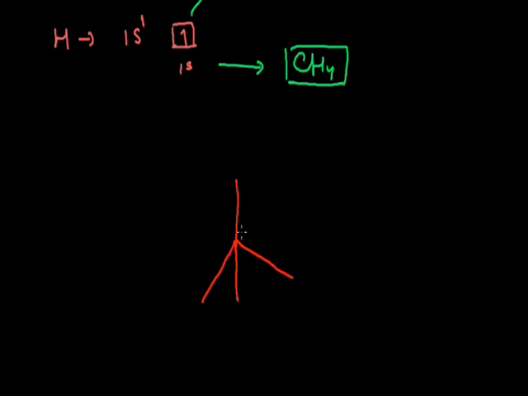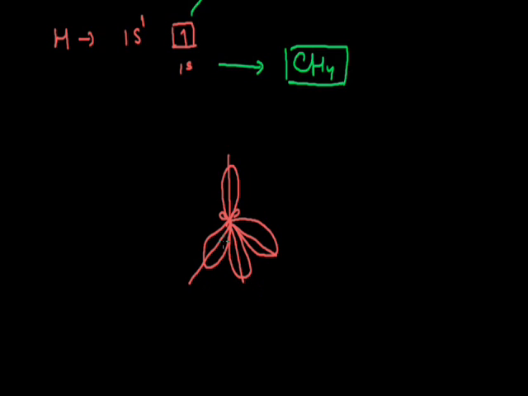If we look into the structure of this molecule, a tetrahedral arrangement would be there for the sp3 orbitals of carbon. These are the sp3 orbitals for carbon, and the shape of the 1s orbital of hydrogen would be spherical. These will combine with the hybrid orbitals of carbon in such a way to form CH4 molecule.